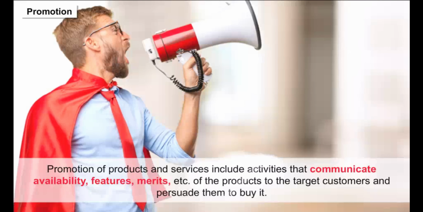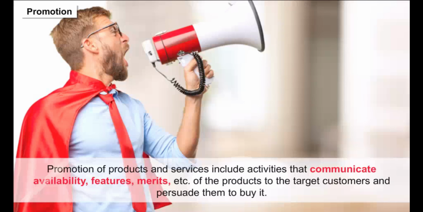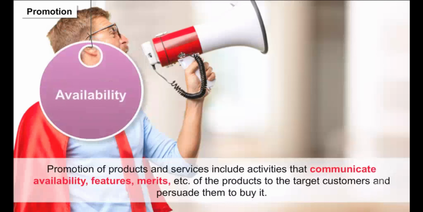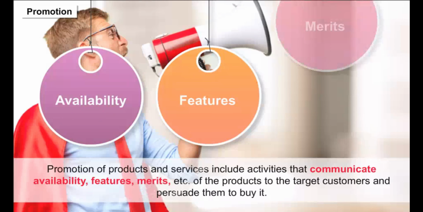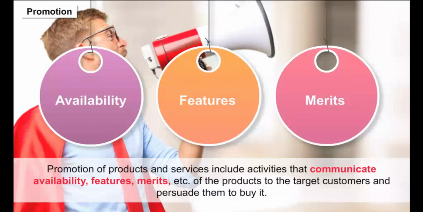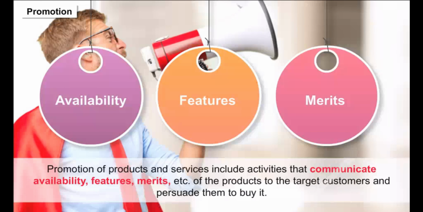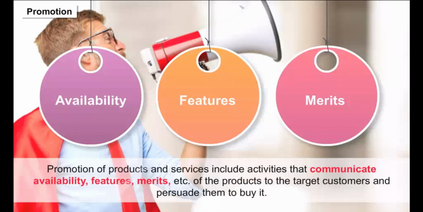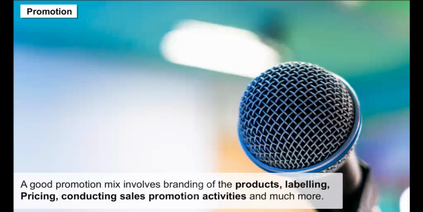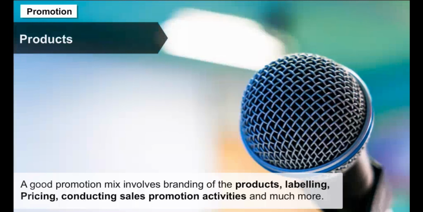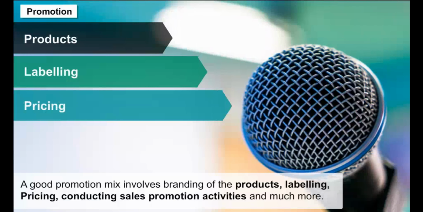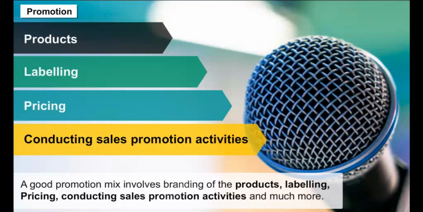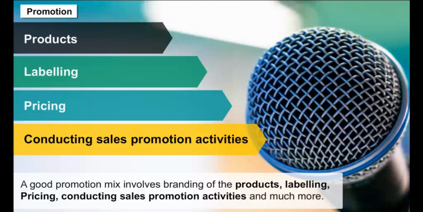Promotion of products and services includes activities that communicate availability, features, merits, etc. of the products to the target customers and persuade them to buy it. A good promotion mix involves branding of the products, labeling, pricing, conducting sales promotion activities, and much more.